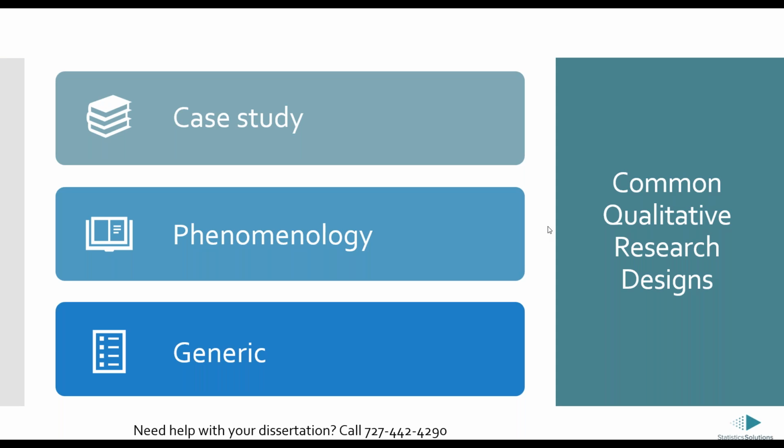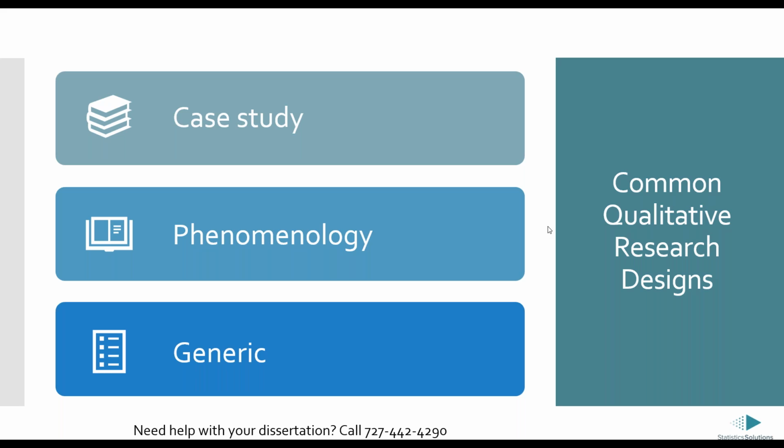So we'll hit five different research designs, and this is more of a high-level overview in the webinar. These are the most common that I see with the clients and graduate students that I'm working with, and then we'll talk about a couple of less common designs that you still see out there.